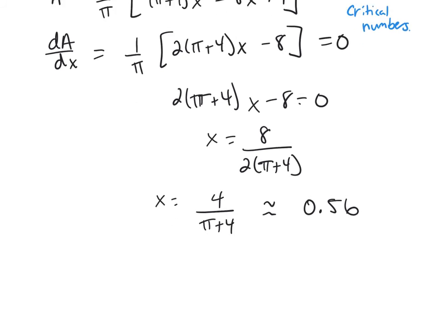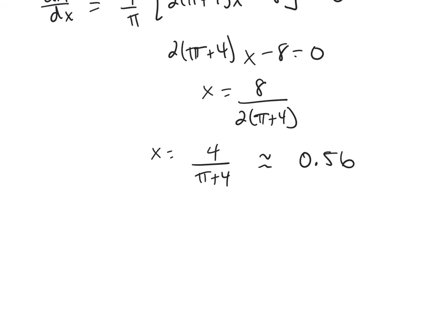So we found our critical numbers. Now let's plug in our two endpoints into the area formula. So if x is 0, then A would be 4 over pi, which is approximately 1.27.